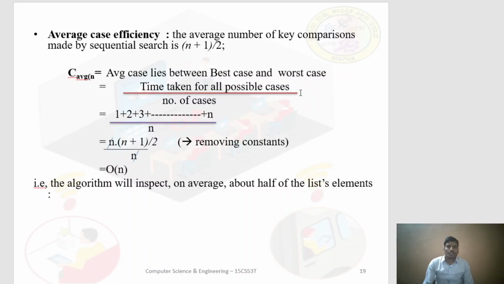So ಇಲ್ಲಿ ನಮ್ದು possible cases ಏನಾಗುತ್ತೆ given arrayದಲ್ಲಿ from 1 to n as there are n indexes. Time taken for all possible cases divided by number of cases. So ಇಲ್ಲಿ ನಮ್ಮ number of cases ಏನಿದೆ, n ಇದೆ, and all possible cases ಅಂತಂದ್ರೆ these are the comparisons. One comparison, second comparison at the second index, third comparison at the third index.